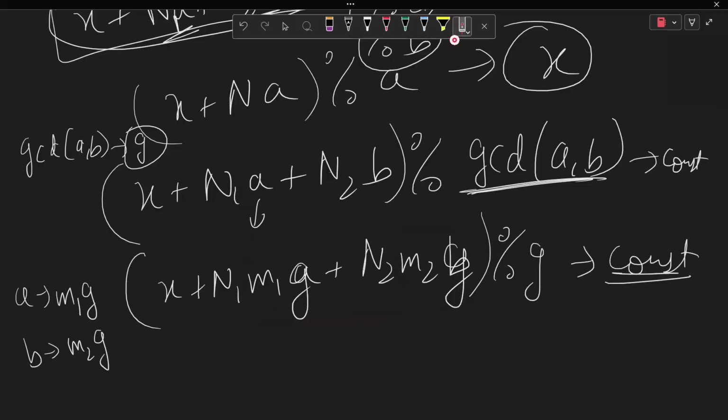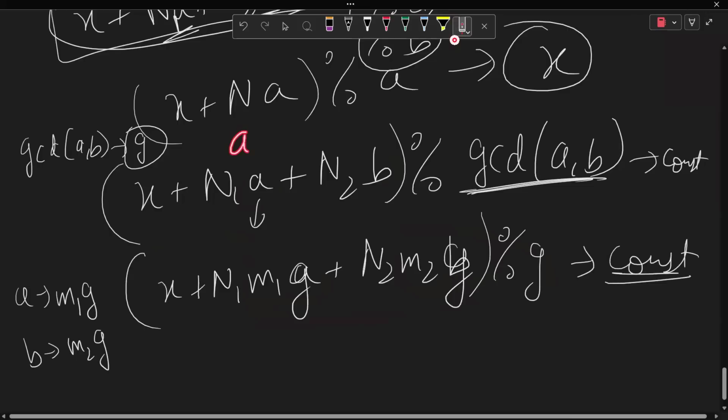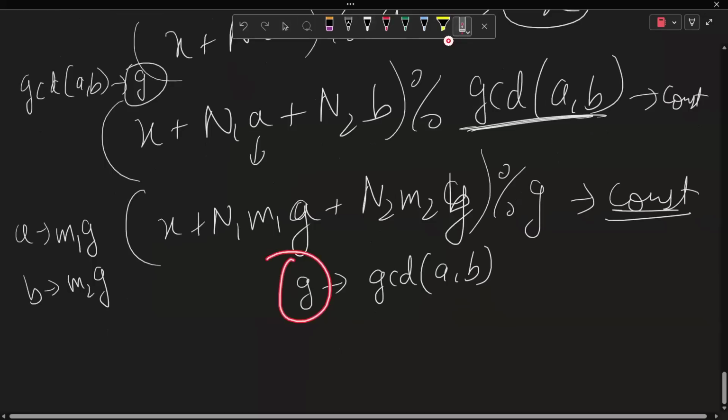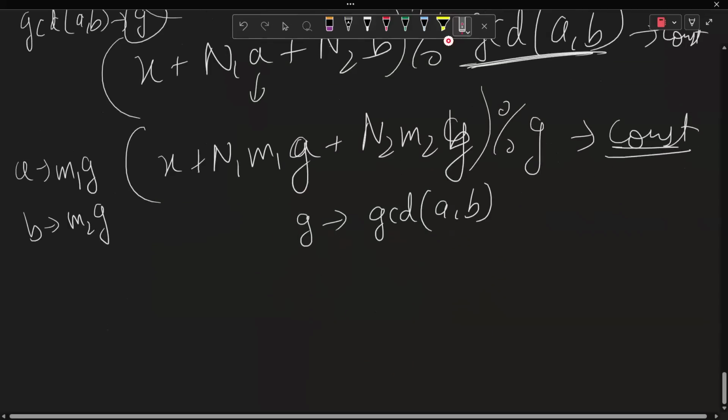So you can basically say that if you have A and B as the operations that you can perform, and G is the GCD of A and B, then you can bring all the numbers into a range of G. So your final answer is going to be less than or equal to G. In the first case we had A and B equal.